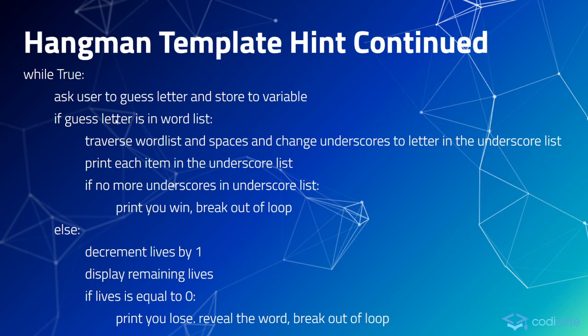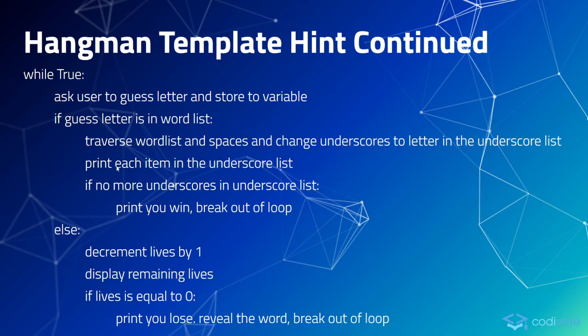We have to check if that letter that they guessed is in the word list, which is storing all the letters. We have to traverse the word list and spaces at the same time, and every position where that letter appears in the word list, we have to change the underscores to the letter in the list.